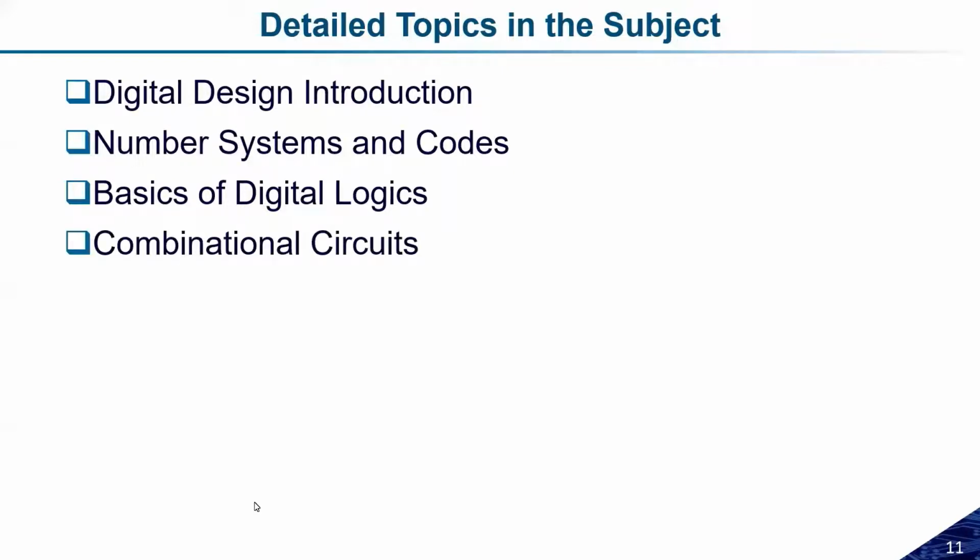Then we will briefly discuss how to design the combinational circuit, and how we can say whether a particular circuit is combinational or sequential. What is the basic difference between these two kinds of logic?